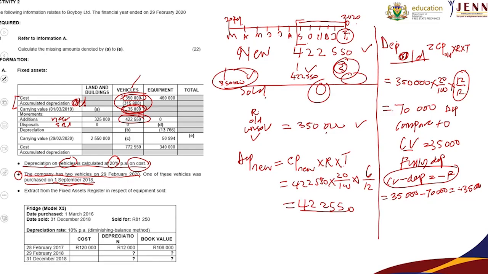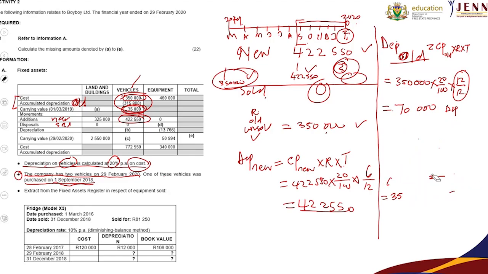Then we do not allow this depreciation. Because we do not allow it to have a negative figure, we are going to take this depreciation that we just got. We have found a depreciation of 70,000. That is more than the carrying value.